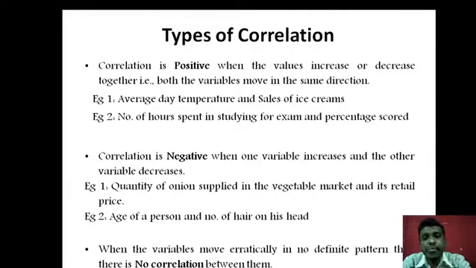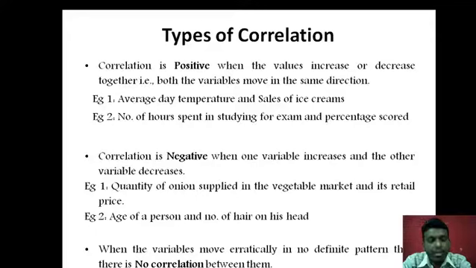Then the second type of correlation that we are studying today is negative correlation. Sometimes one variable may move up and at the same time the other variable may move down. That is, both the variables are moving in the opposite direction. If such a scenario occurs, then this is known as negative correlation. Correlation is negative when one variable increases and the other variable decreases.